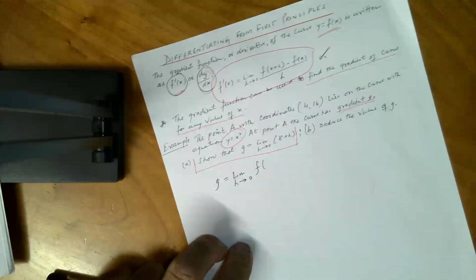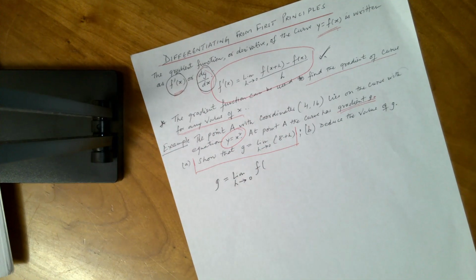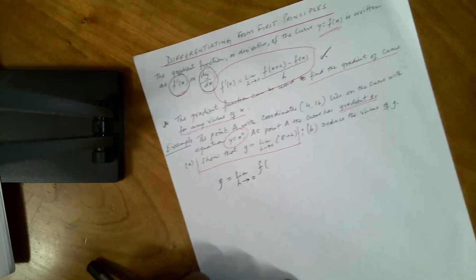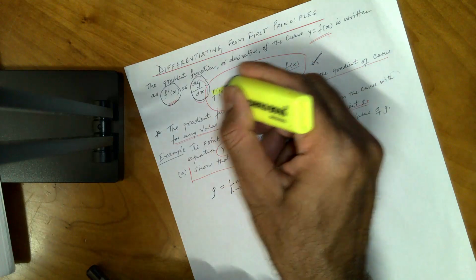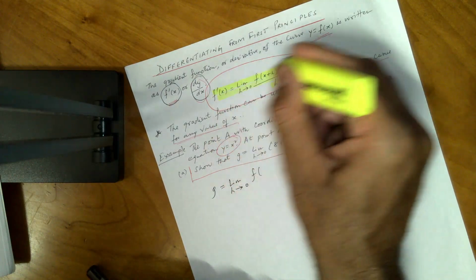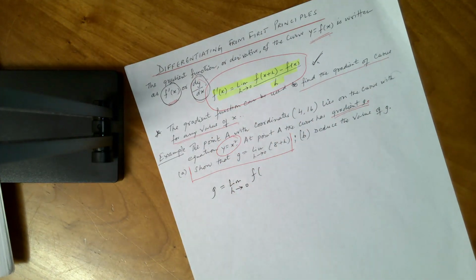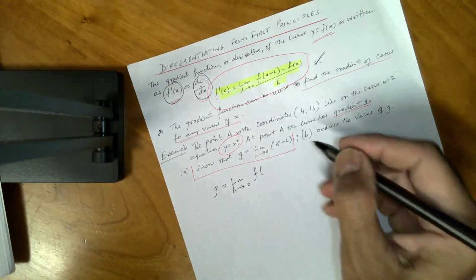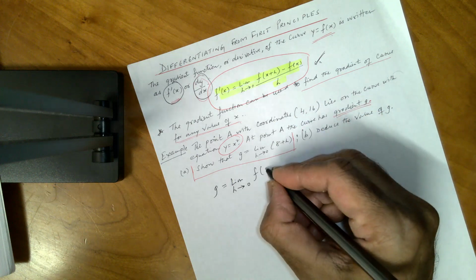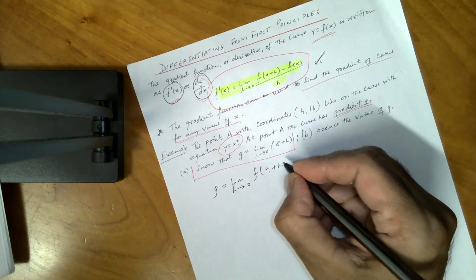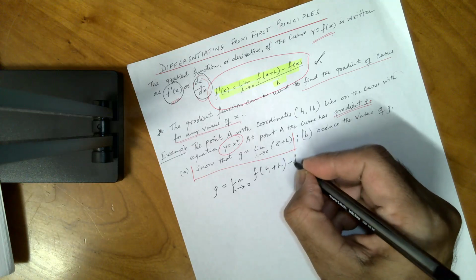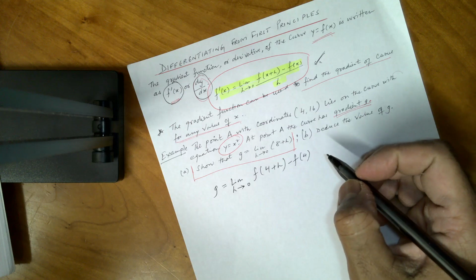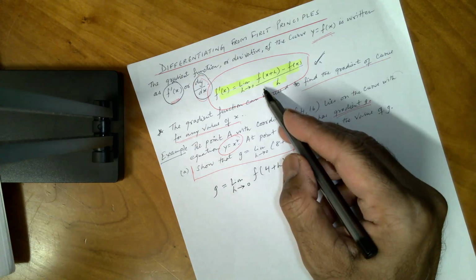Let me highlight this for you. Right, so x here, you have the coordinates here. So you get f(4 plus h) minus f(4). So use the definition of derivative, which is the definition here.